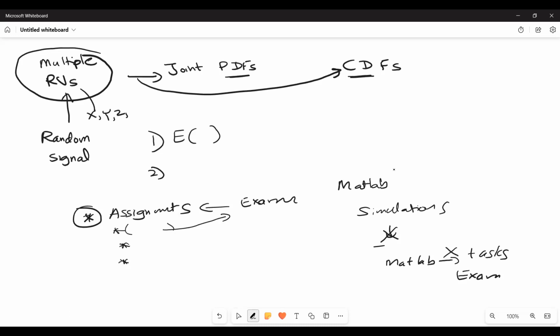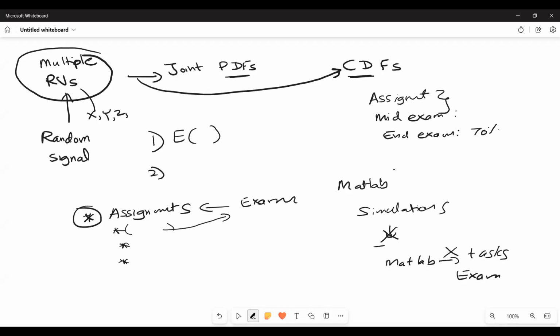Yeah, so assignments will constitute a certain percentage, the mid exam will constitute a certain percentage, and the end exam will constitute another percentage. As of now, we have the standard where we have the assignment and the mid exam.